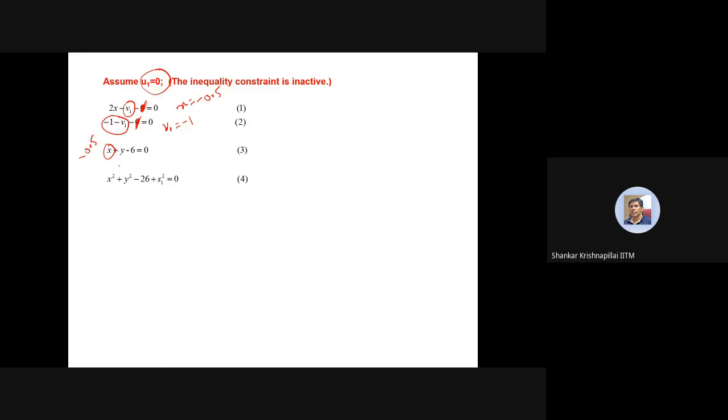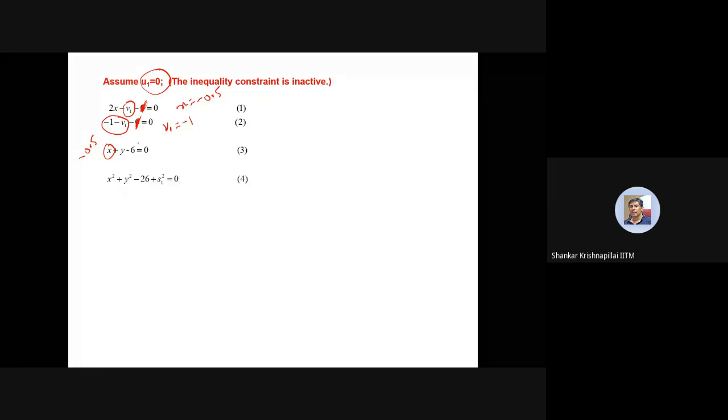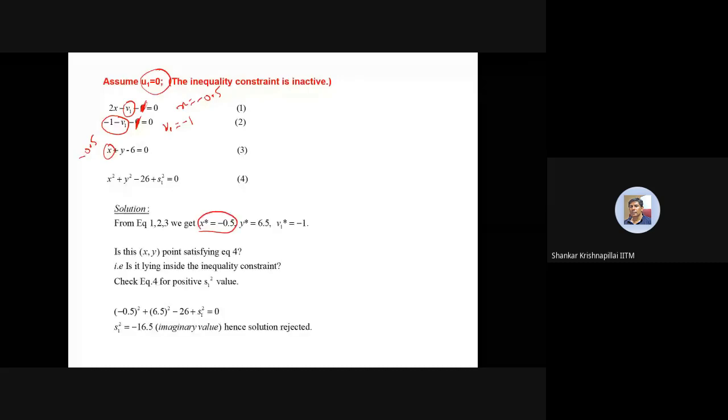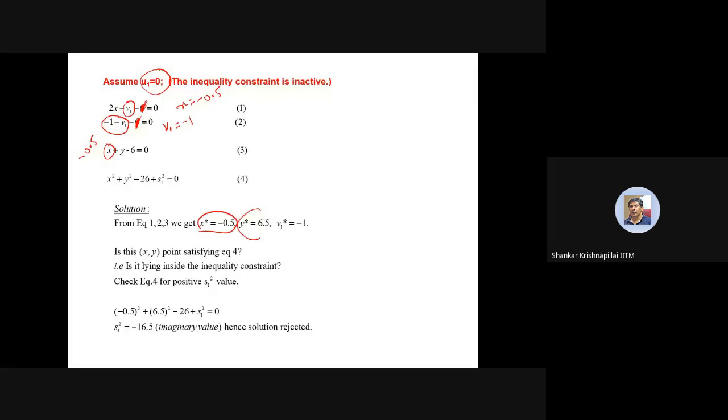So x star equal to -0.5, y star equal to 6.5. So this y is 6.5, and the value of nu1 is -1.